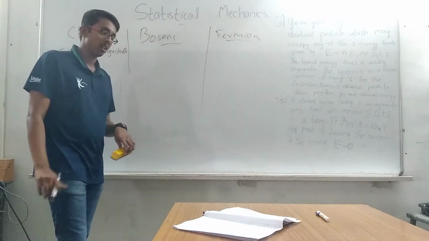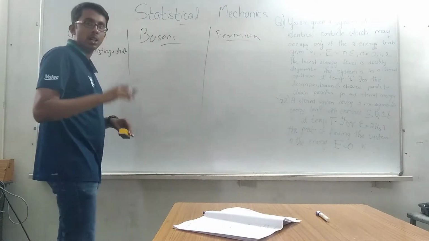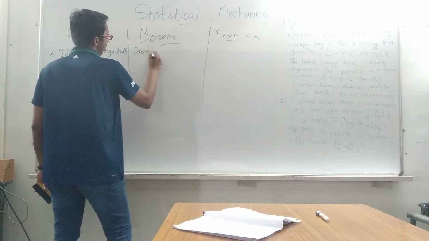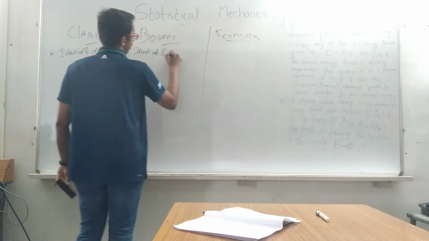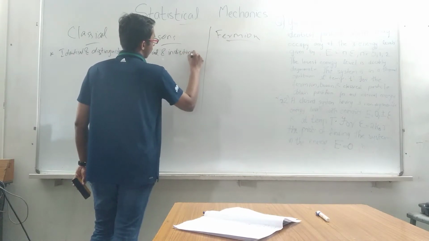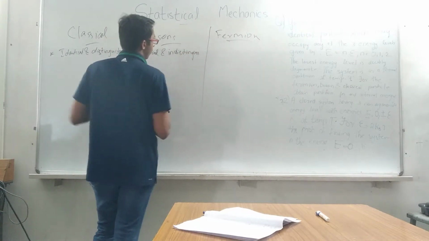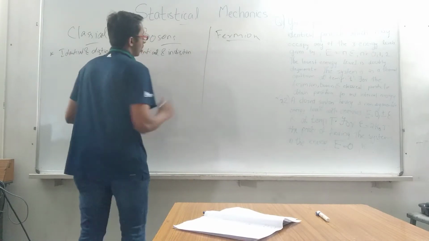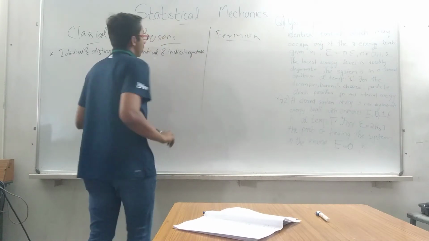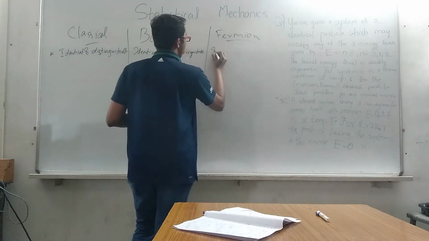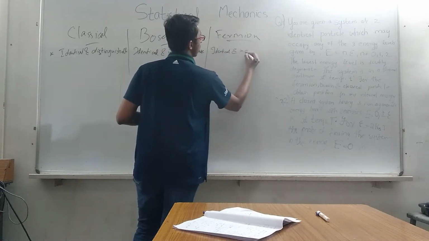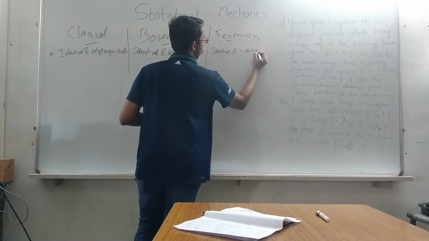Bosons, being quantum particles, are identical and indistinguishable. And fermions, as quantum particles, are also identical and indistinguishable. So these are the basic concepts that we have discussed earlier.